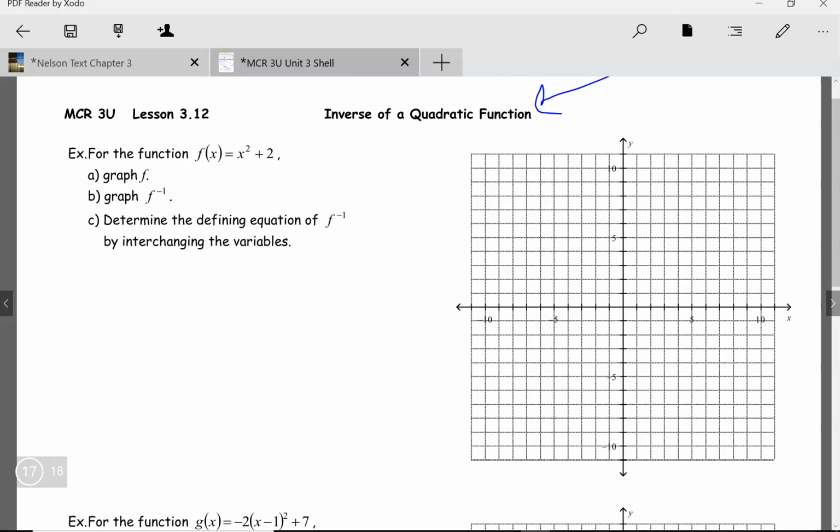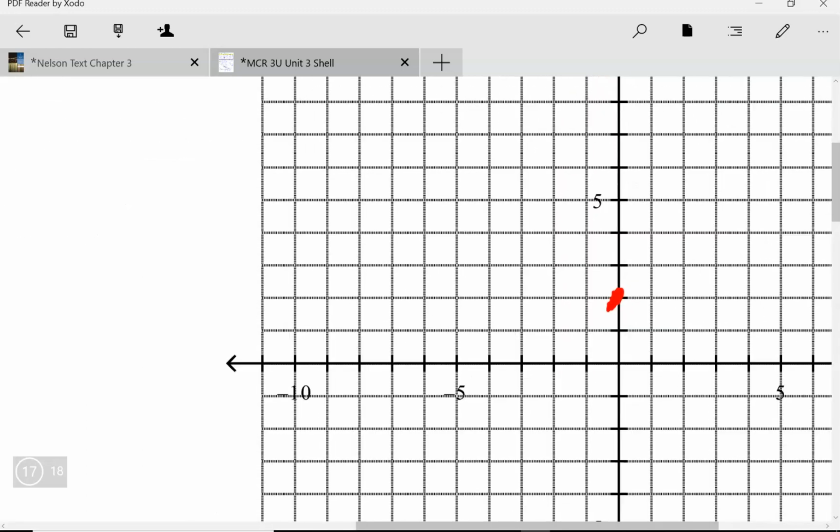So let's see. For the function, we've got a graph f. It has a y-intercept of 2, and you go 1, 1, 1, 1, and then 2, and then 4 up. It's going to be symmetrical on this side.